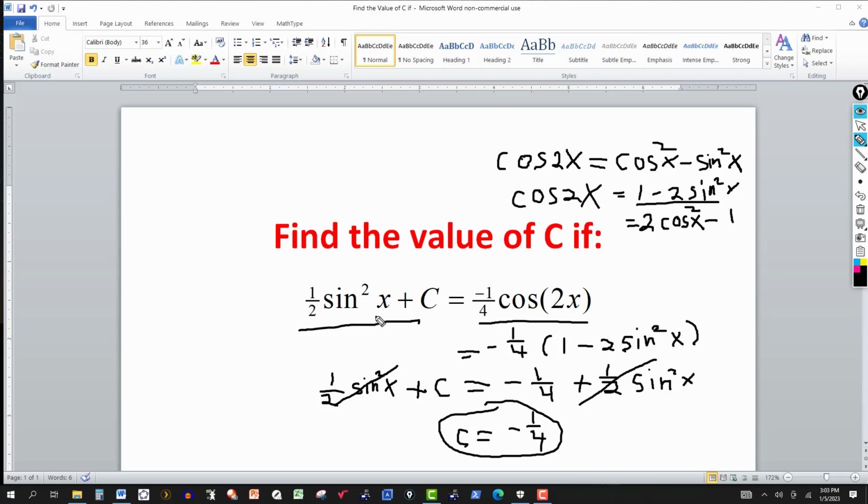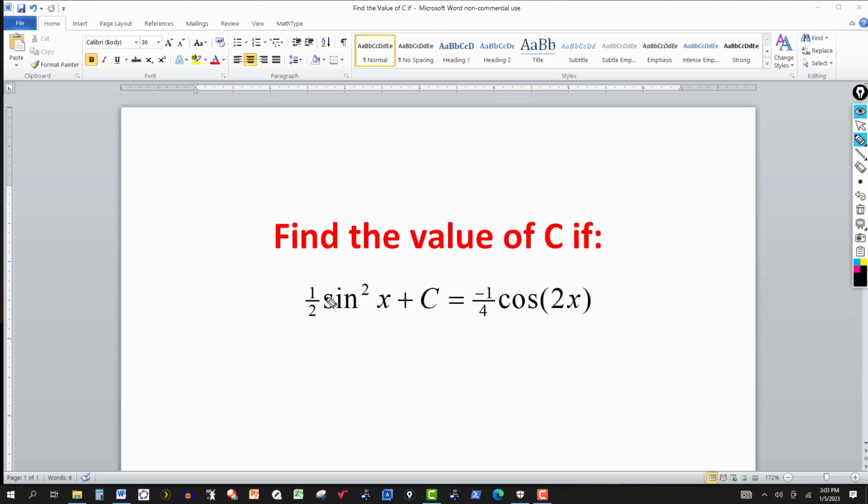Now what this actually shows, and if you see that ahead of time, you can find the answer an easier way, is that this is actually an identity if c is equal to negative 1/4. If you see that ahead of time, you can just say, well, if this is an identity for any value of x, let's have your calculator set to 0 degrees.